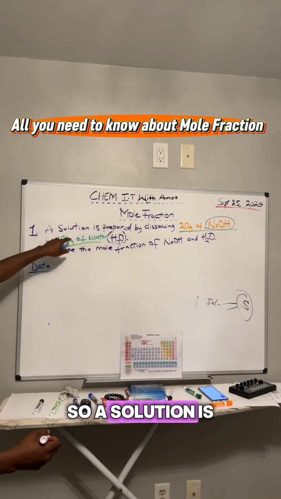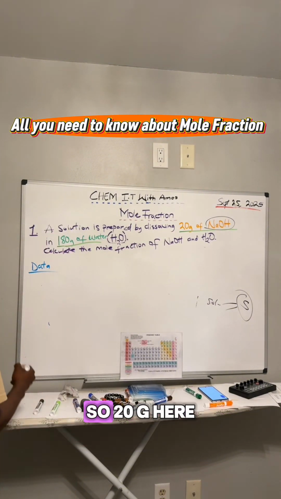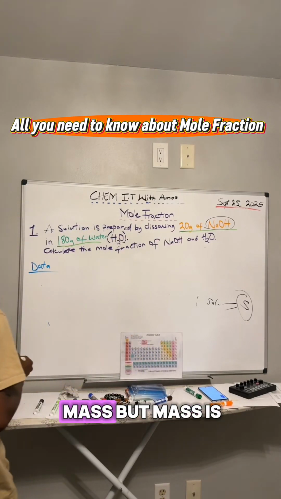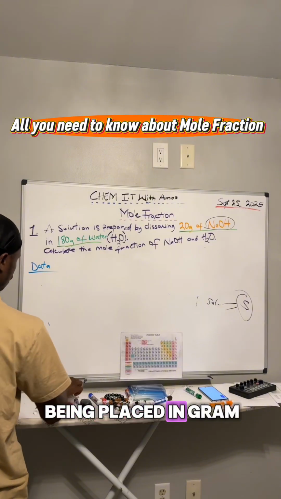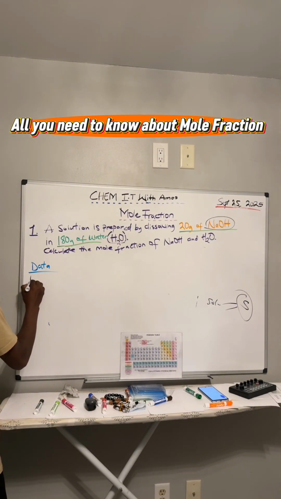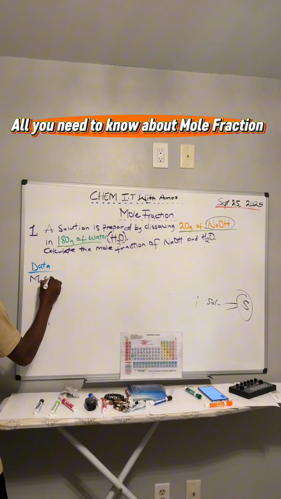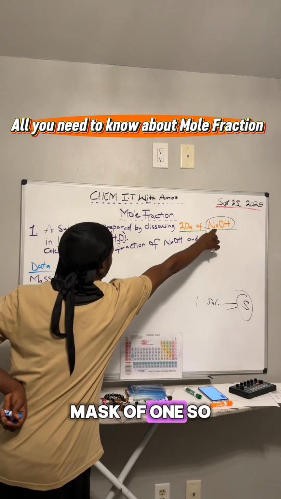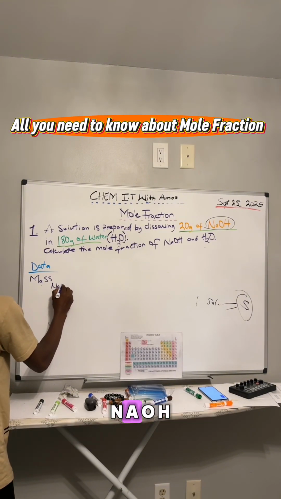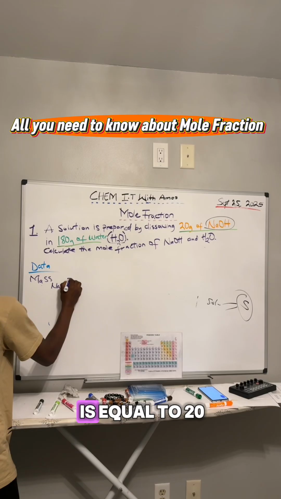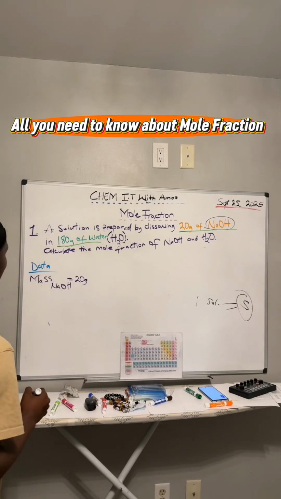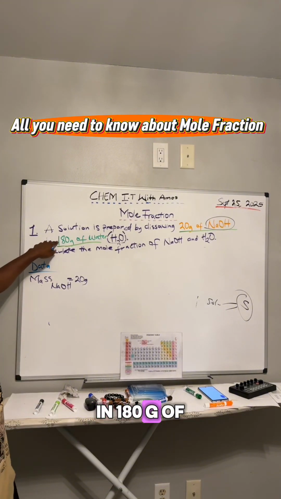A solution is prepared by dissolving 20 grams of sodium hydroxide. The 20 grams here, this g, tells us it is mass, placed in grams. So we can say the mass of sodium hydroxide, NaOH, is equal to 20 grams, in 180 grams of water.